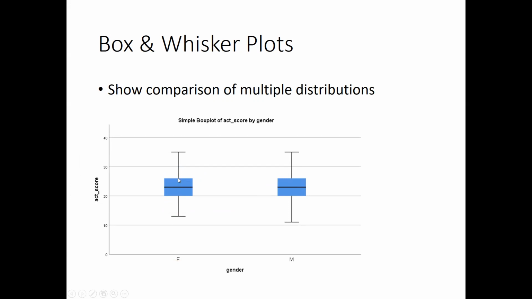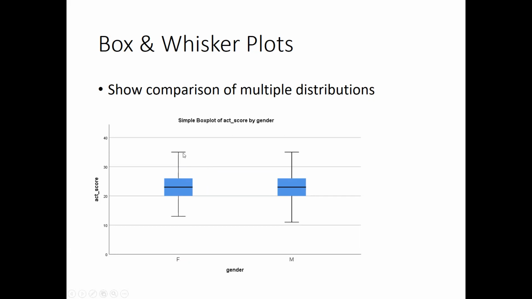Up here, the top of the box is the 75th percentile. The bottom of the box is the 25th percentile. The range between the bottom and the top is the middle 50%, called the interquartile range. The very bottom is the minimum.